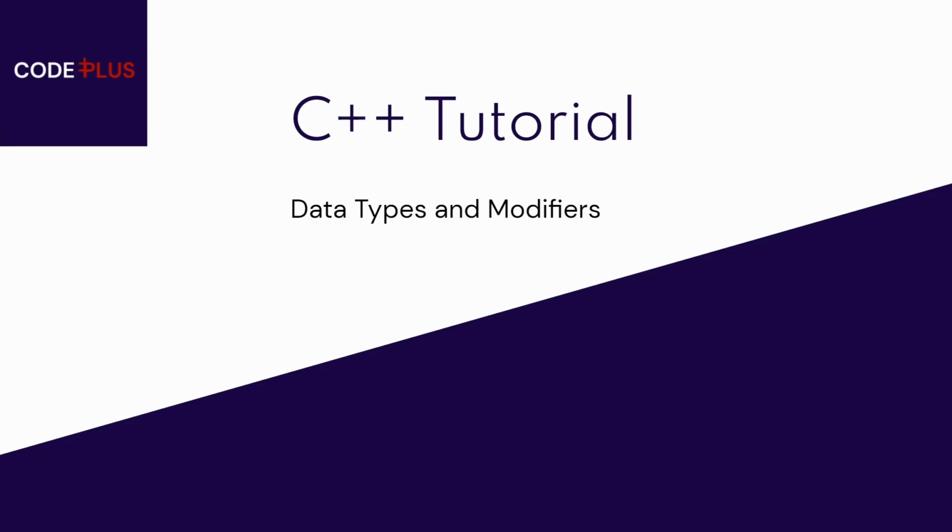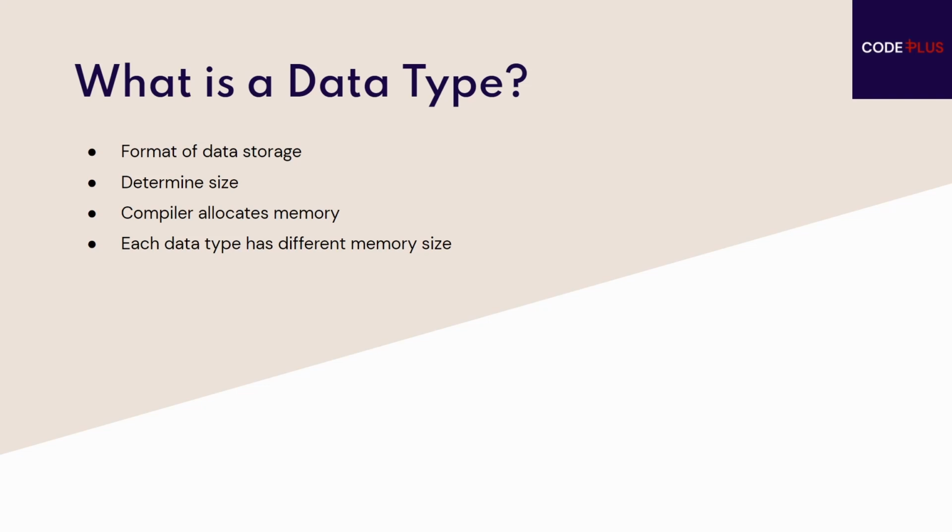Today we will discuss various data types and modifiers in C++. So what is a data type? Basically, data types are defined as the data storage format that a variable can store to perform a specific operation.